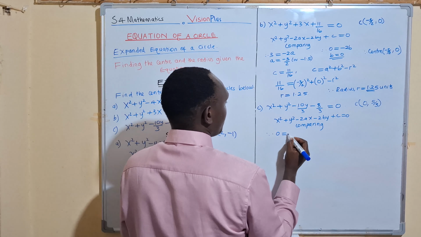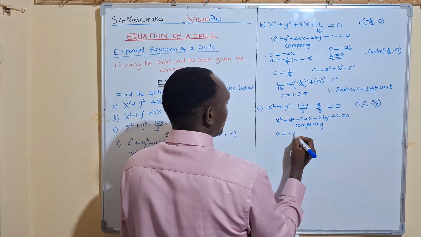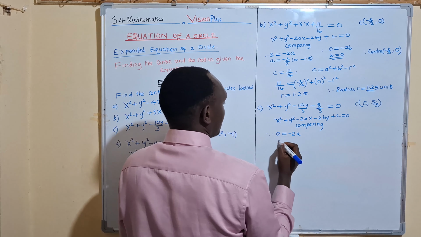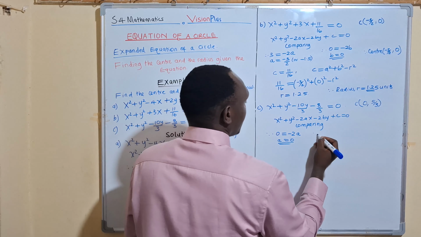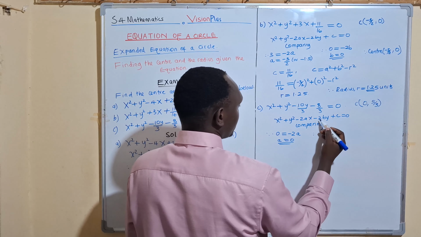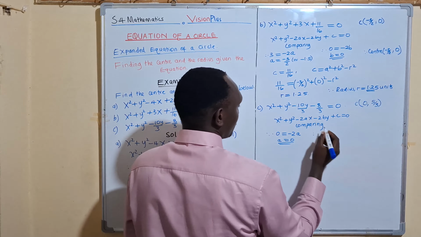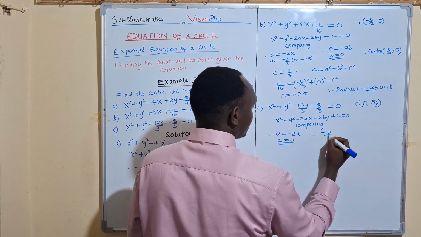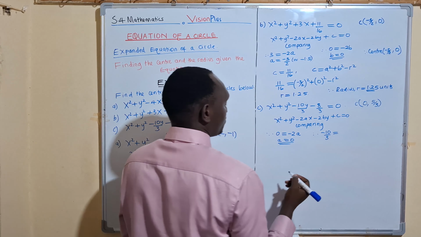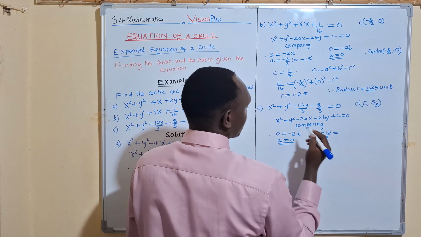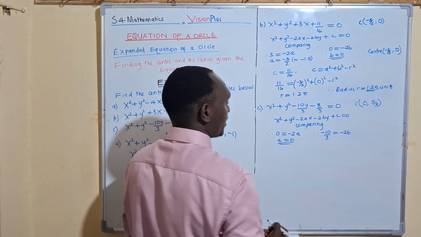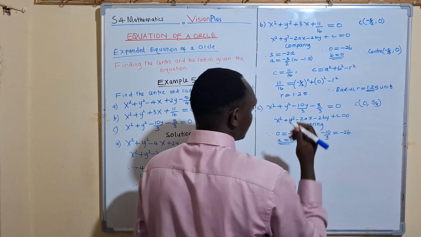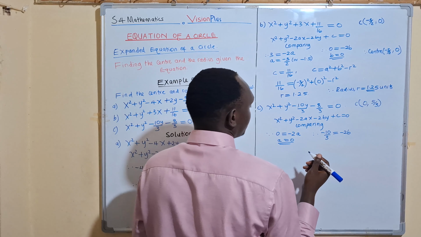So 0 equals to negative 2a. That means a equals to 0, which we have there. In the same way, the coefficient of y is negative 10 out of 3. So negative 10 out of 3 equals to negative 2b. What do we do here? We simply divide both sides by negative 2.